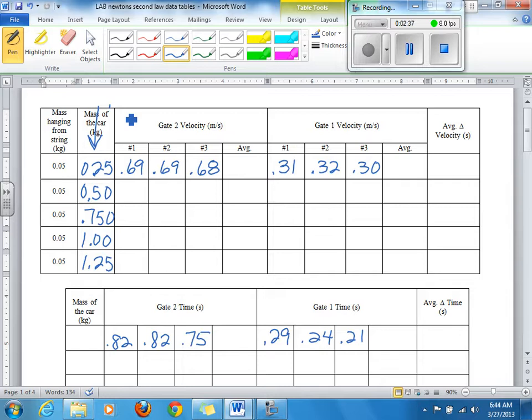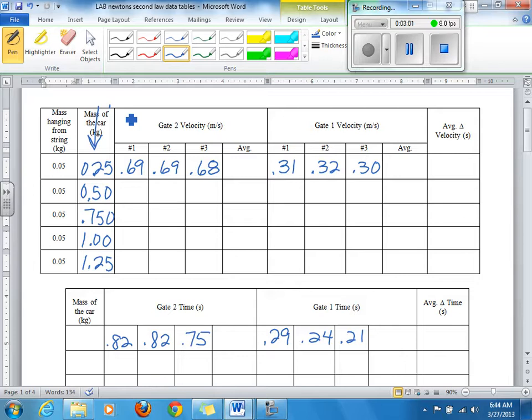The first thing that we want to do here is when we get an average, don't use your calculator. I just put down the first numbers of somebody who I just picked out of paper, and these were the first couple of numbers. So what I want you to do, if I have a 0.69, 0.69, and a 0.68, my average is in the middle of those. Well, those are pretty tight numbers.